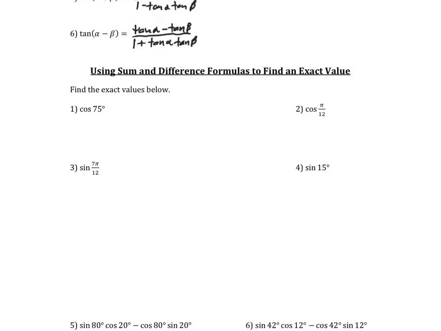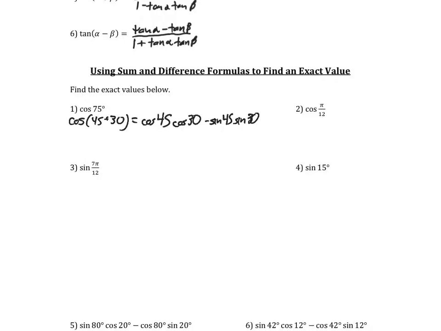If I rethink of this as cosine of 45 plus 30, right? 45 plus 30 is 75, so I should be able to write it that way. That would be equivalent to cosine of 45 times cosine of 30 minus sine of 45 times sine of 30.